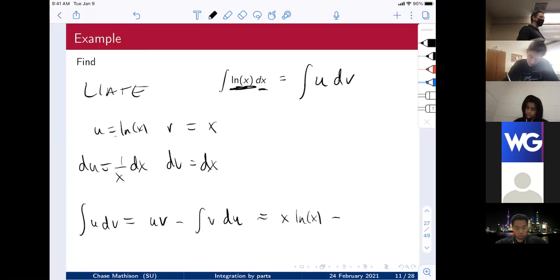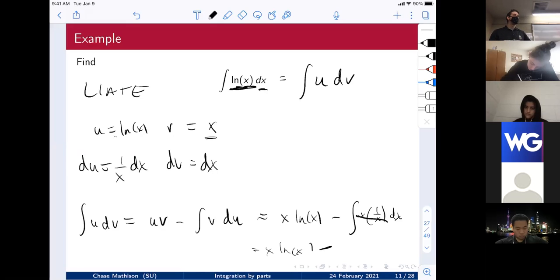minus the integral of v du. Well, that's minus the integral of x times 1 over x dx. Well, x times 1 over x is just 1. So we get x natural log of x minus, what's the integral of just 1 dx?